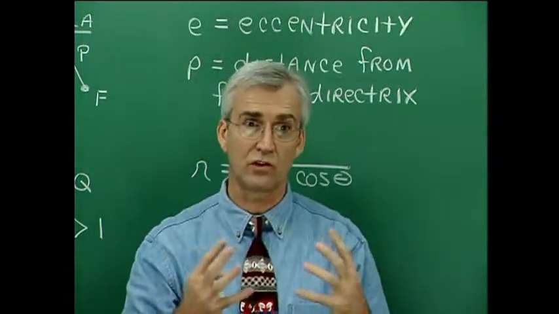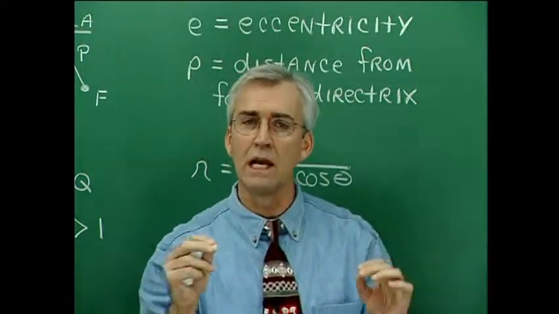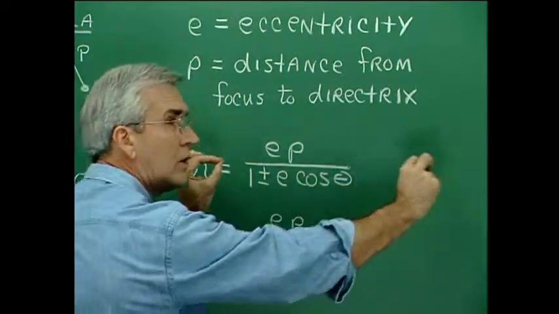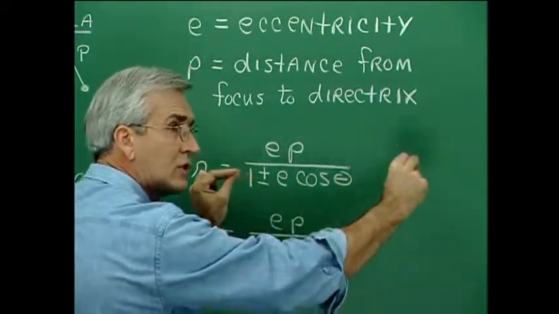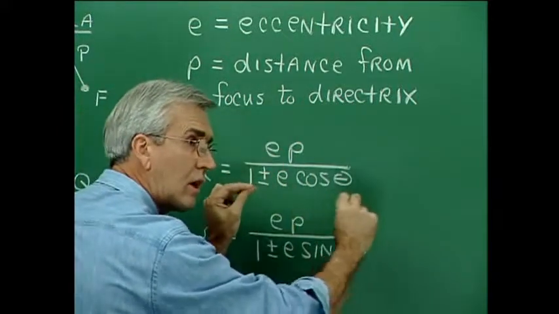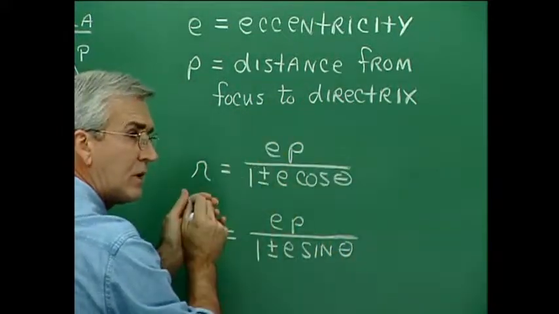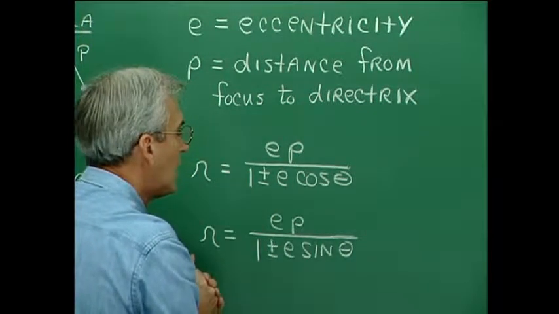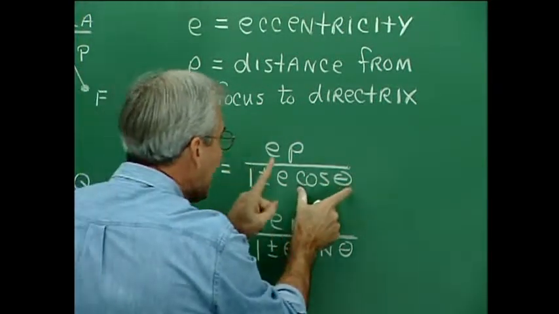So cosine is associated with a horizontal notion. And I'm associating this cosine with a horizontal transverse axis, and a horizontal major axis for the ellipse, and a horizontal axis of symmetry for the parabola. All right, that's one notion.